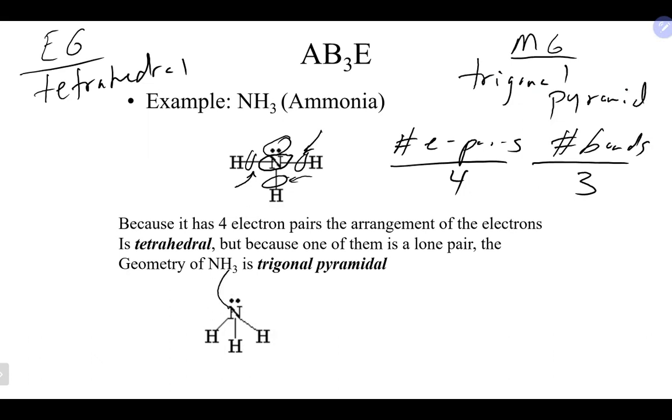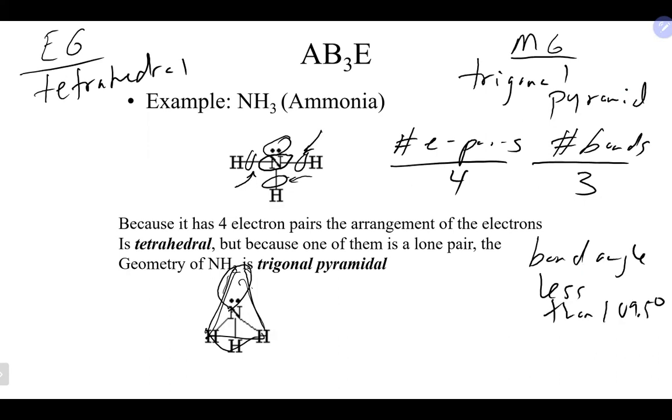That's because it makes a pyramidal shape with a triangle sort of shape there. Trigonal pyramid has a bond angle less than 109.5 degrees, so a little less than 109.5, like 107 in this case, something in that ballpark.